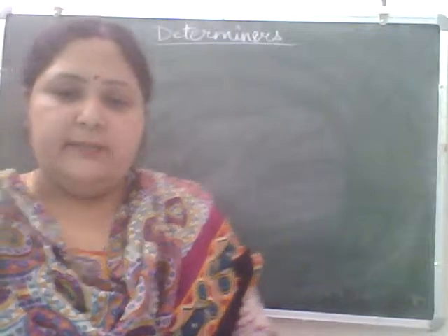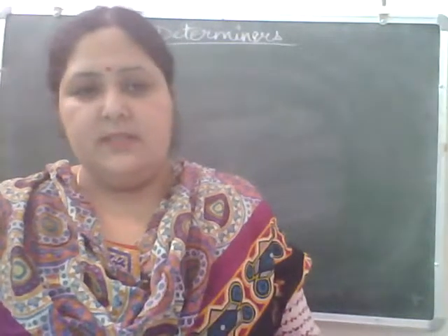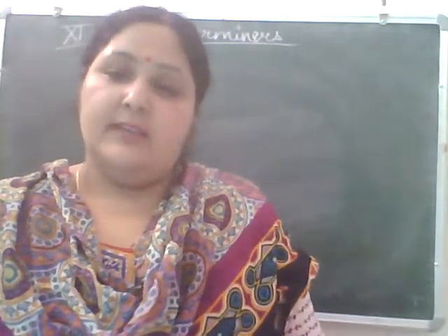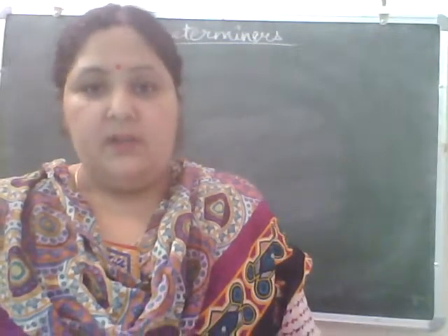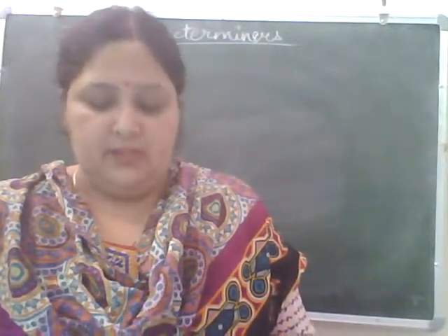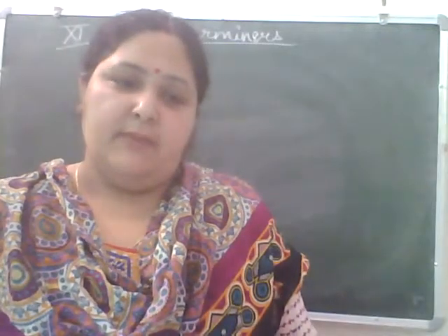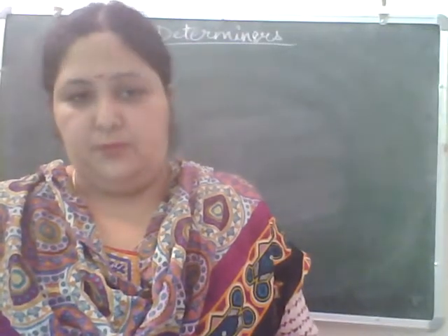So, what are determiners? In our previous class, we also discussed that determiners are the words that are put before nouns, used at the beginning of the noun, and they identify and specify the noun.